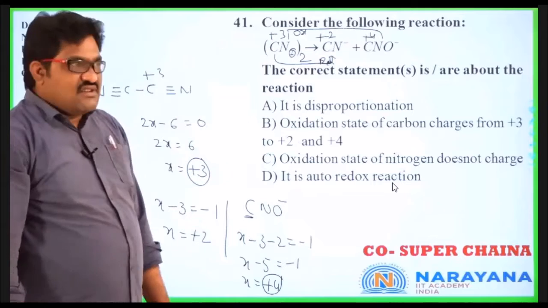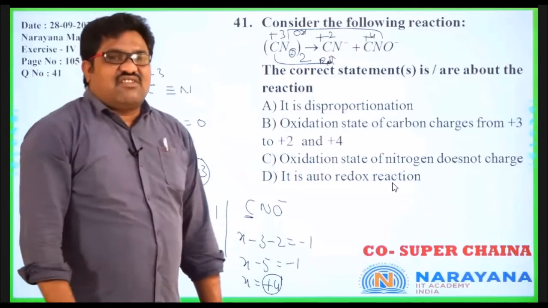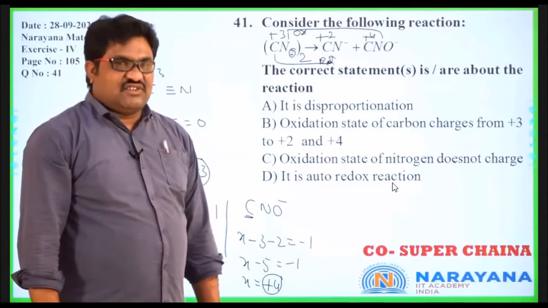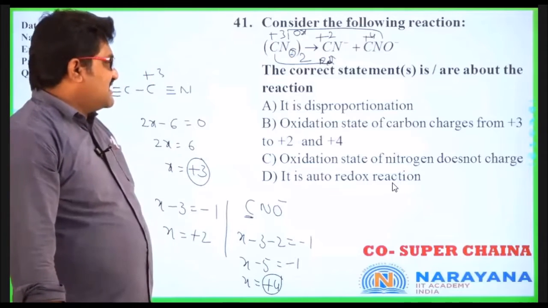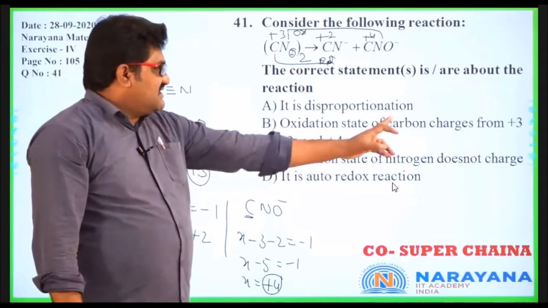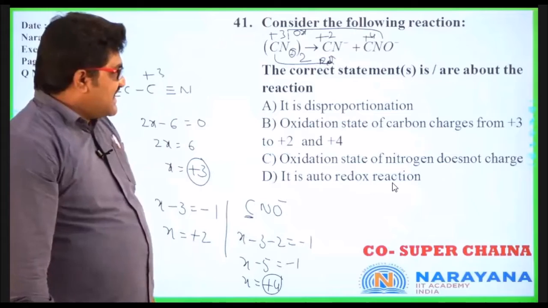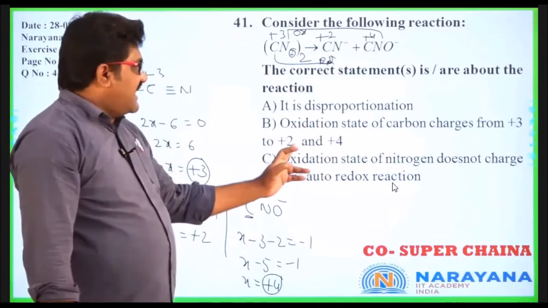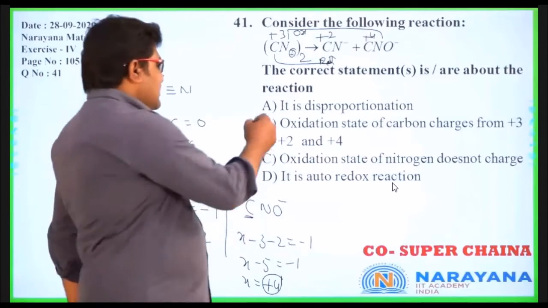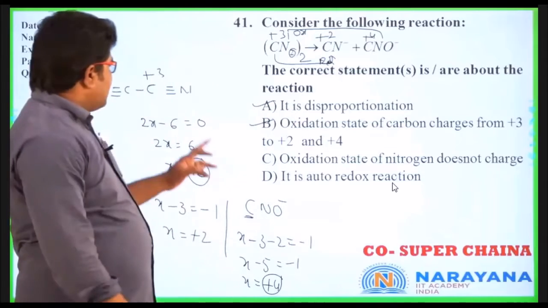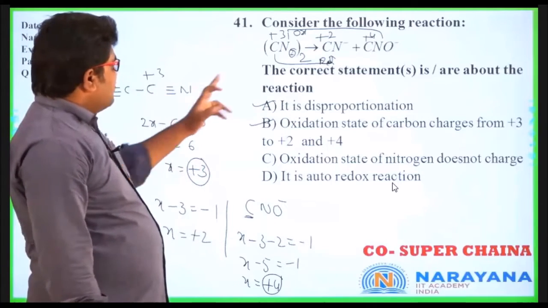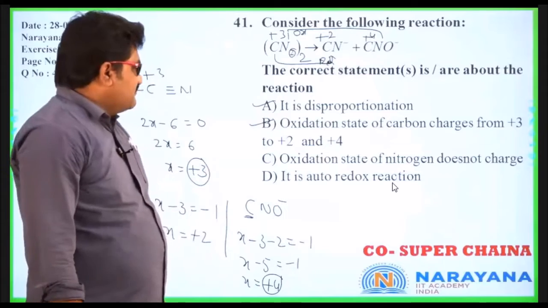Here if we observe, the same element undergoes both oxidation and reduction. So it is a disproportionation reaction, and oxidation state of carbon changes from +3 to +2 and +4. That is also correct.